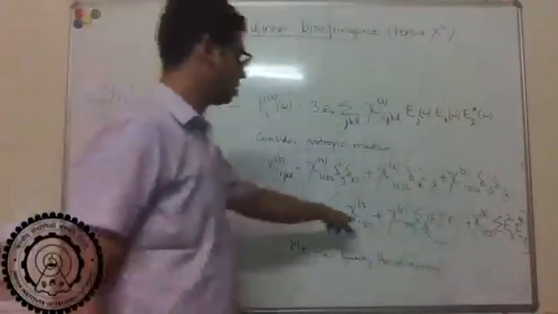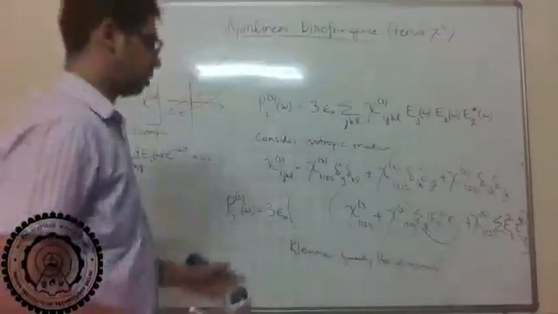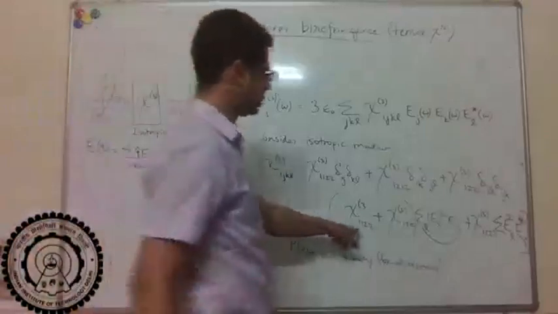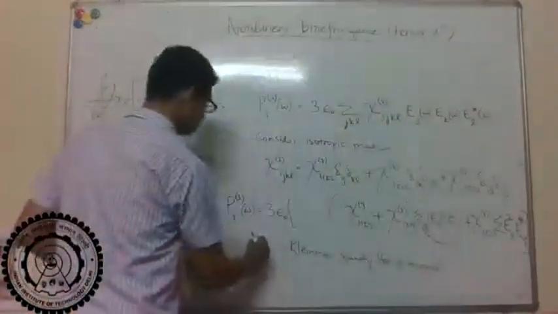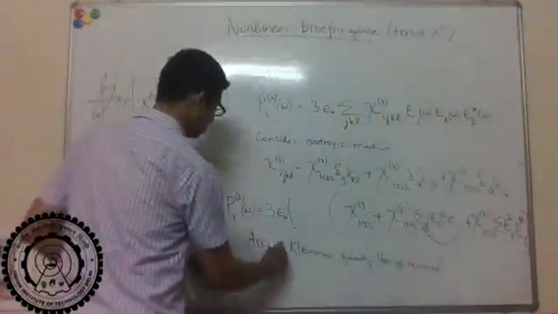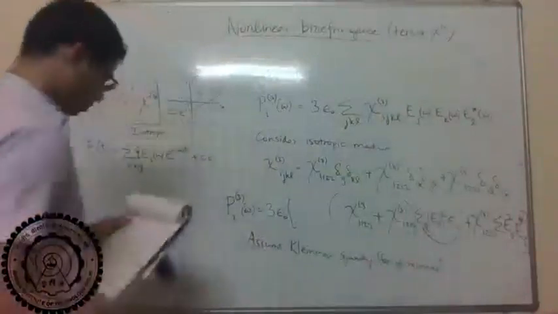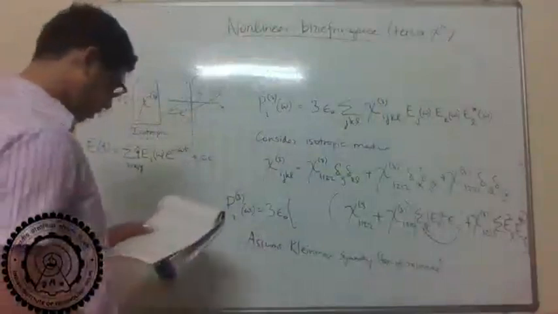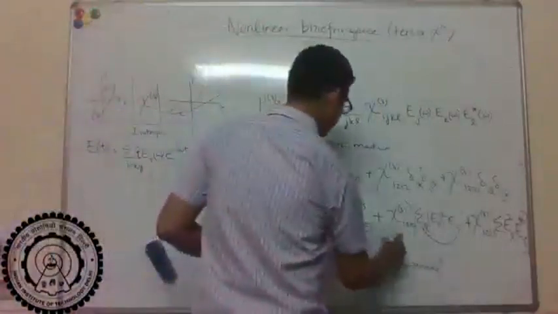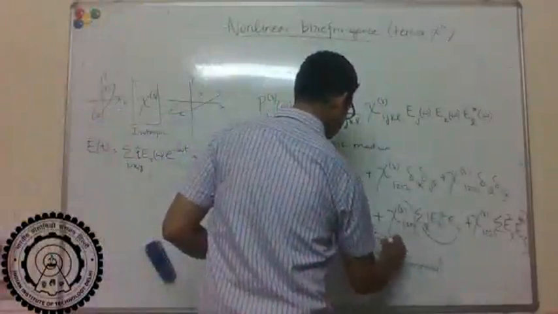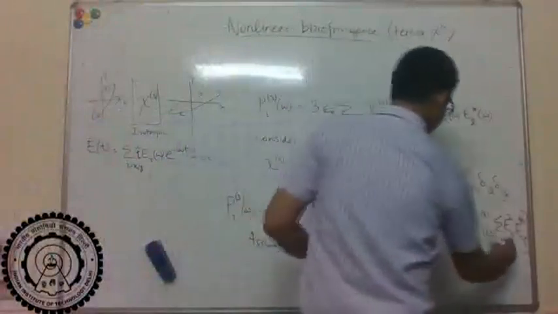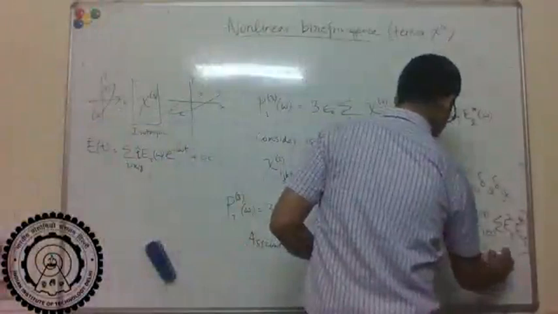So let's assume we are also in that far off resonance regime. So these elements are now equal. So this I can write as 2 times chi 1122, and this I can write as just equal to chi 1122.